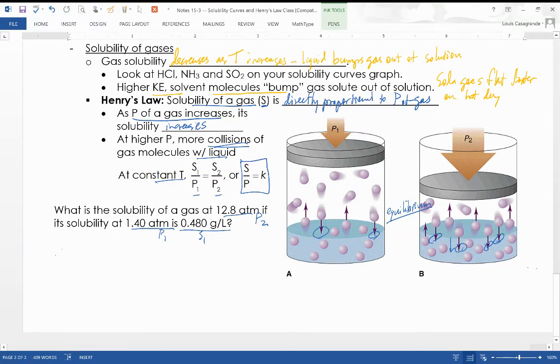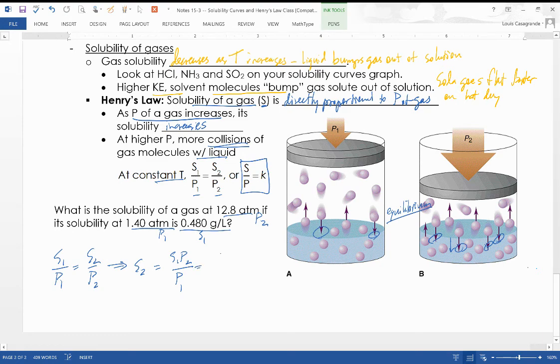Let's set up that equation. S1 over P1 is equal to S2 over P2. I'm trying to solve for S2. So rearrange, and S2 is equal to S1 times P2 over P1. Notice as the pressure goes higher, the solubility is going to go higher.